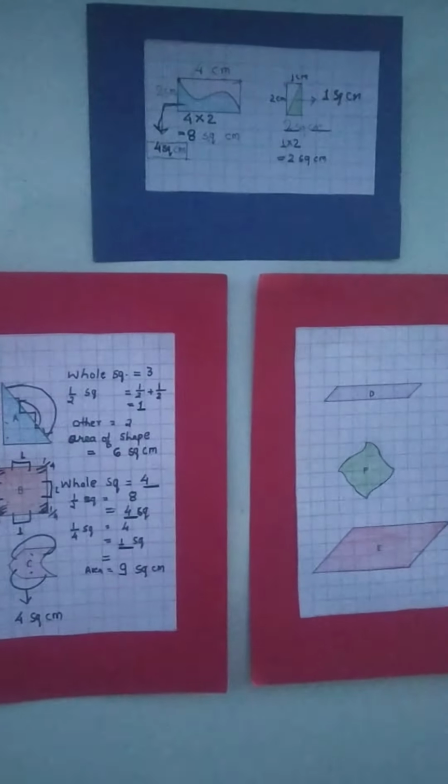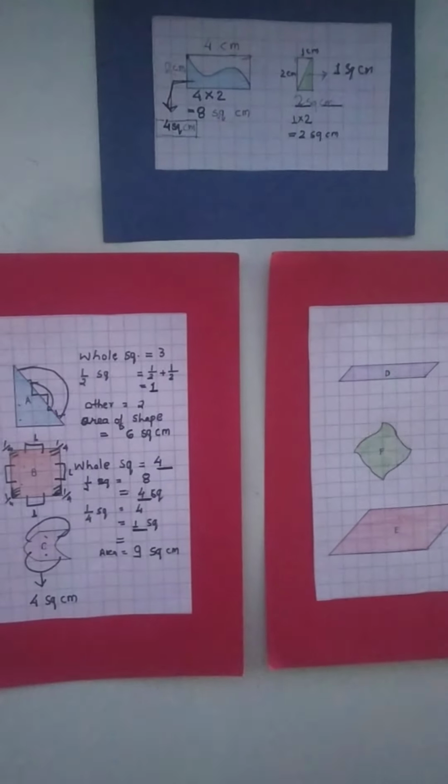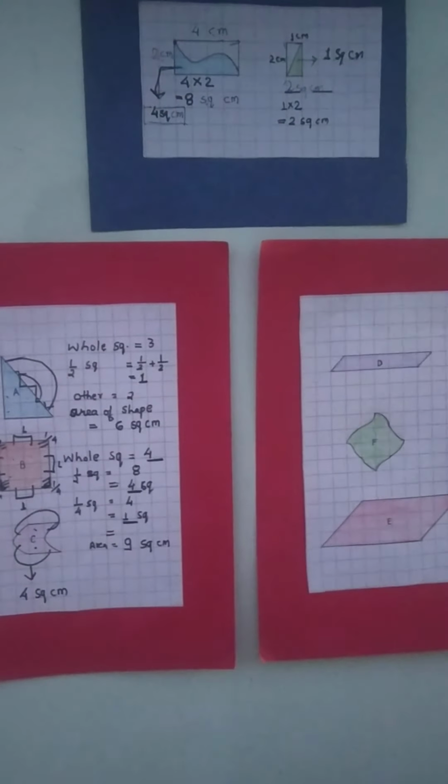Different types of shapes and shaded part, and we calculated the area by counting whole squares, half squares and 1/4 squares inside the shape.